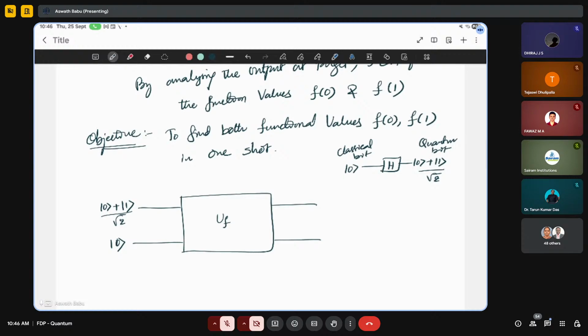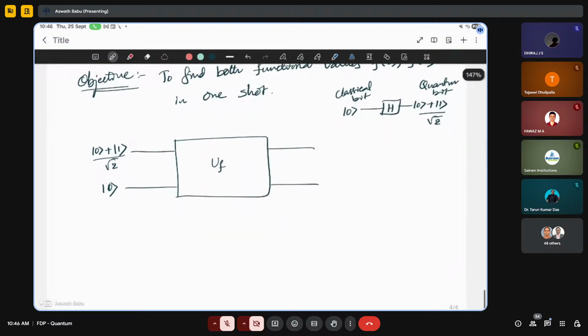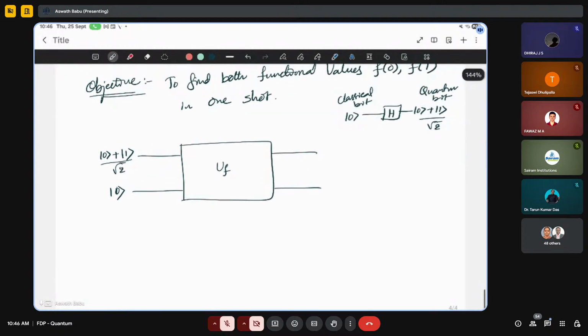Target is left as it is. In quantum computing, things will go through the gate just like railway boxes going through certain stations or certain points. So what is the quantum state at this point? Let's list it out: 0 ket plus 1 ket divided by square root of 2, tensor product with 0.